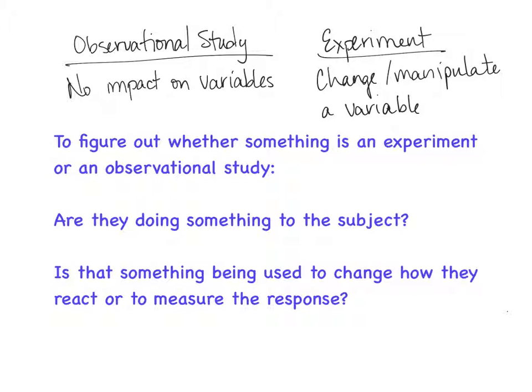It simply recorded or measured it. So if they're doing something to the subject, it might be an experiment. If they're not doing anything to the subject, it's an observational study.